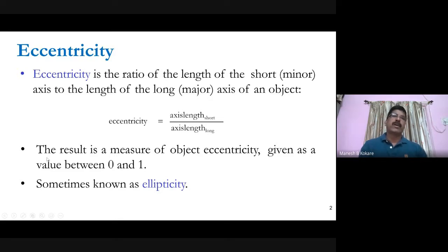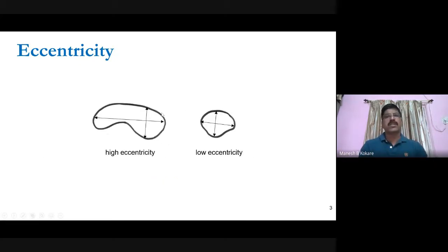So the result of eccentricity will be between 0 and 1. Sometimes this is also called ellipticity. Suppose this is the shape, and the pixels within this shape are considered to find the shape feature. This is your major axis and this is your minor axis, and from these you can find the eccentricity.